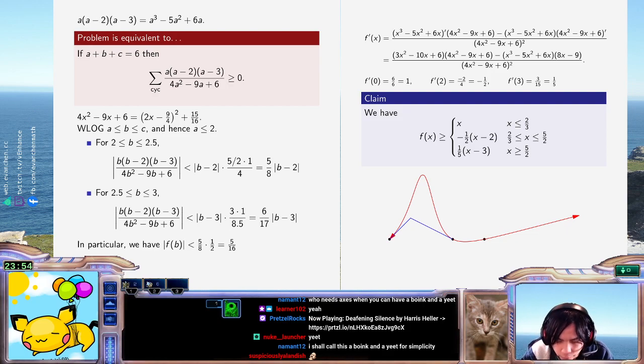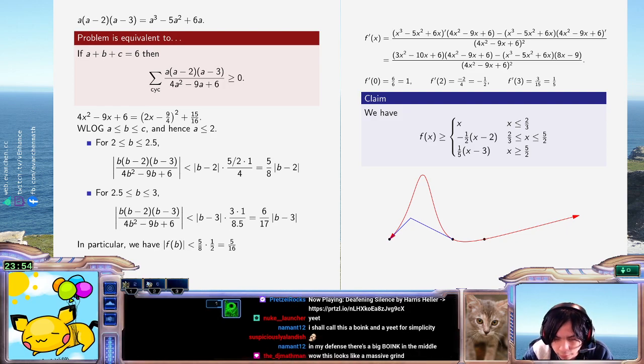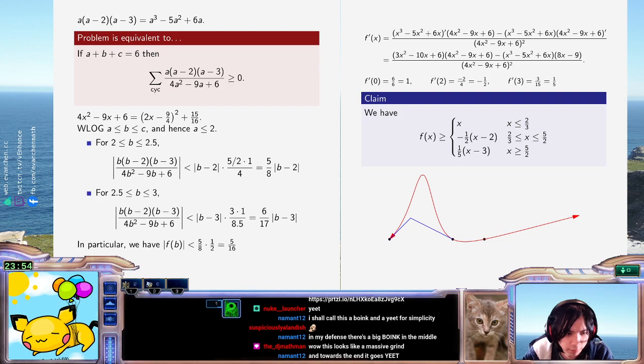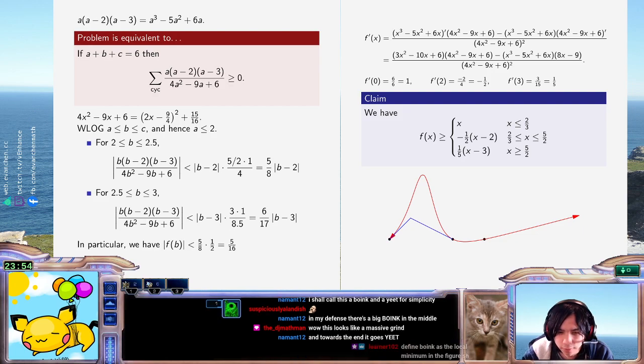okay, so we set up to 5 halves, right? Actually, when is minus a half x minus 2? Where do those two lines intersect? I'll just take the intersection point as the other endpoint.